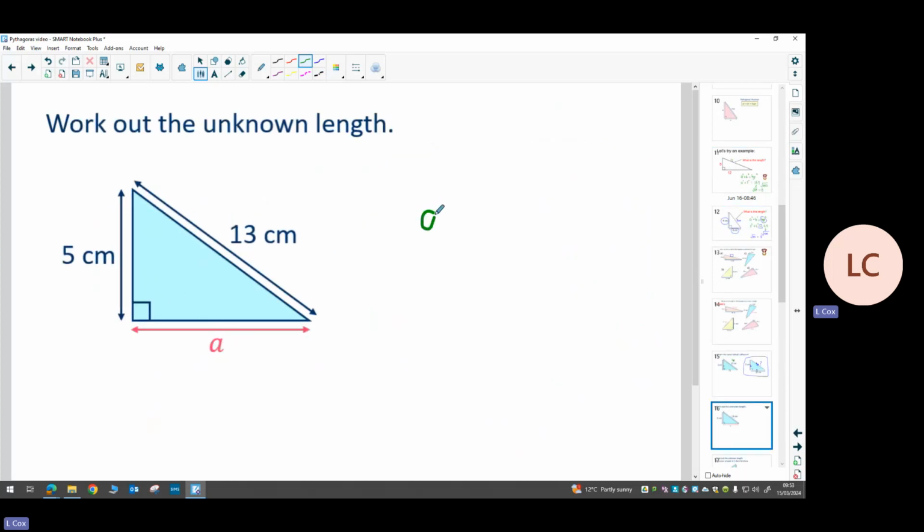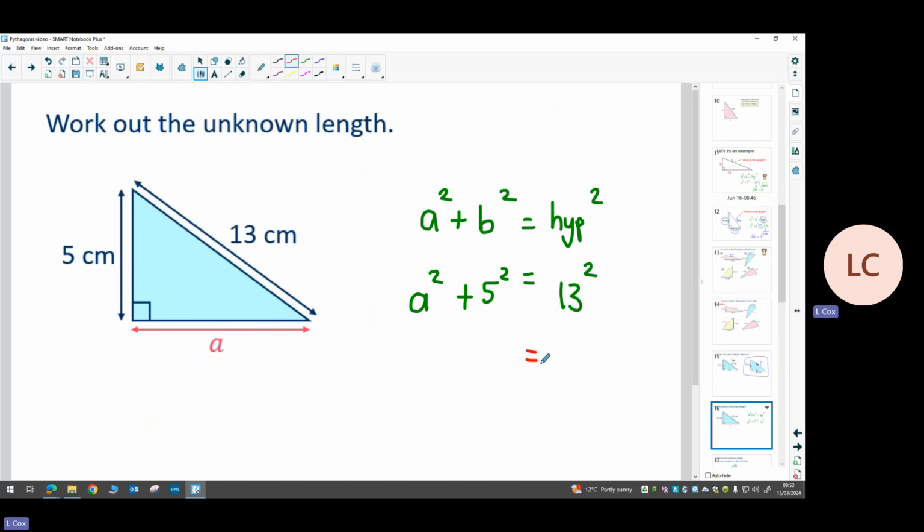Let's write out the formula. A squared plus b squared equals hypotenuse squared. So if I write them in, I don't know a, so I'm writing a squared plus 5, because that's b, 5 squared, and that is going to equal 13 squared. Right, equals always goes under equals.